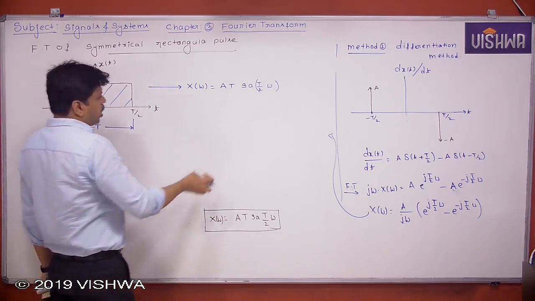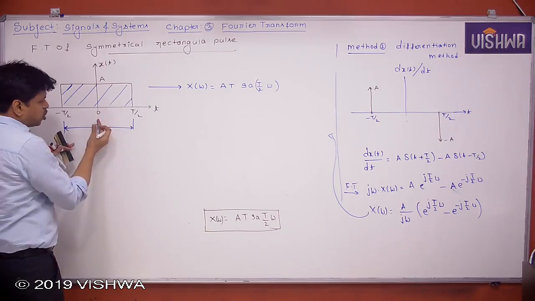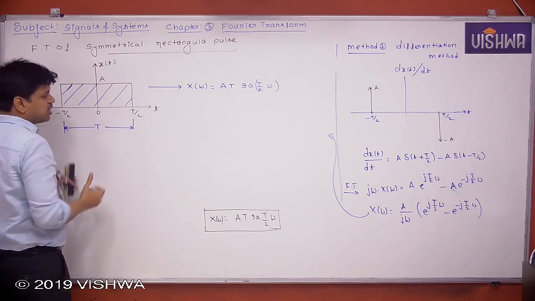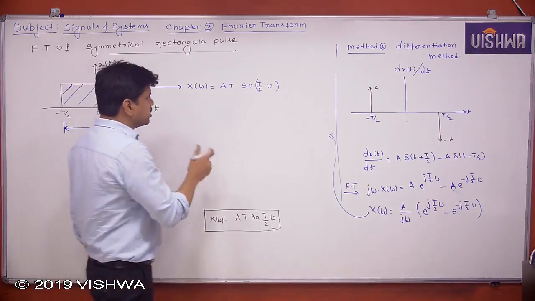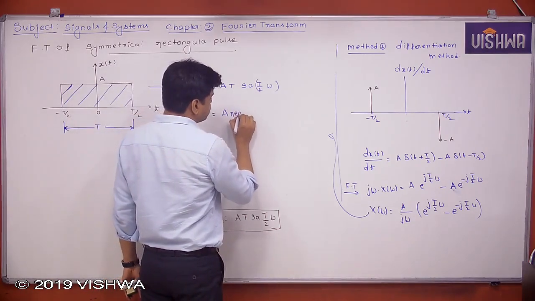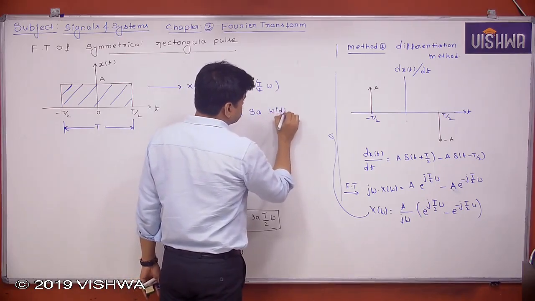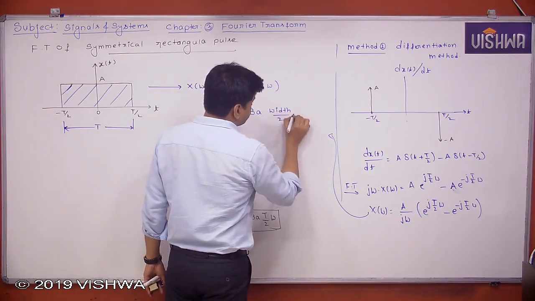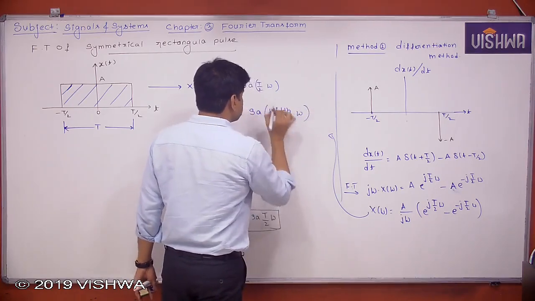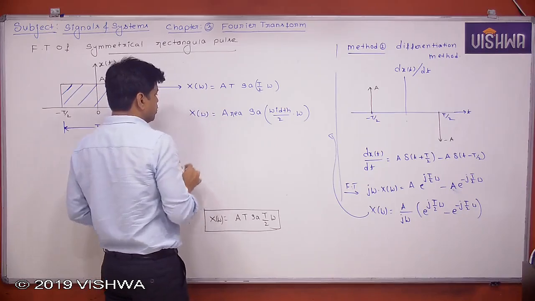Next, what does this T by 2 indicate? It is nothing but width by 2, that is half of the width. So in general I can write like this: area sampling width by 2 into omega. So this is the general form you have to remember.